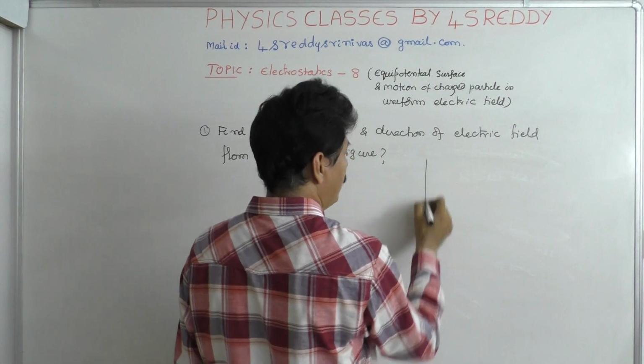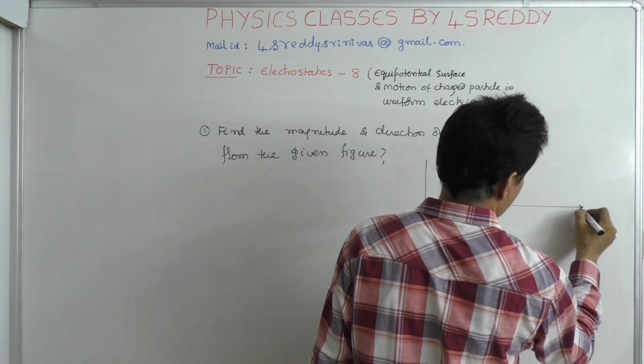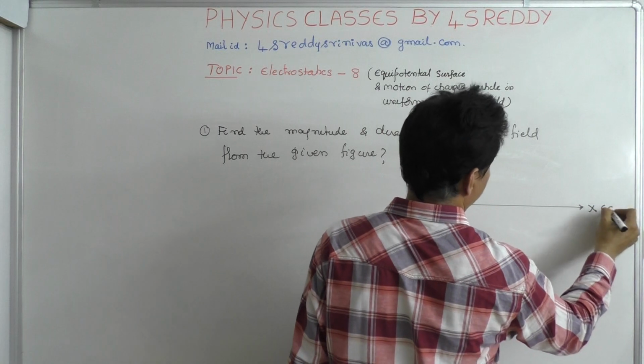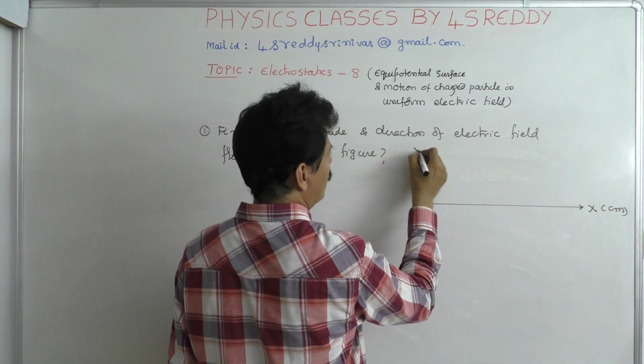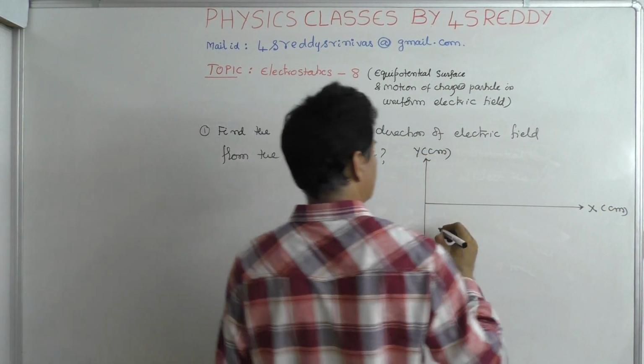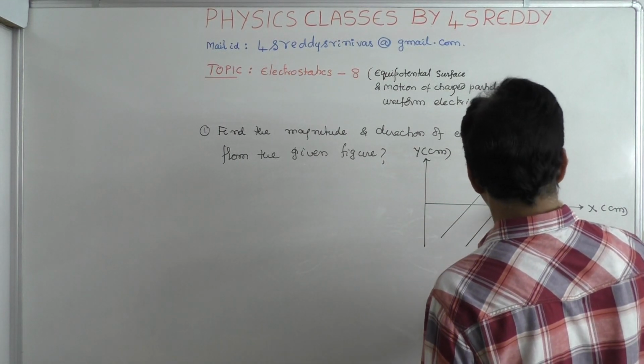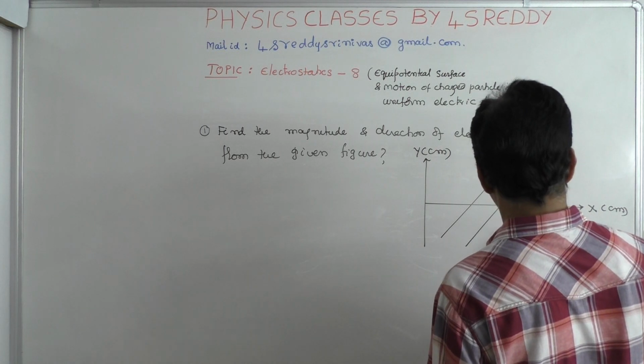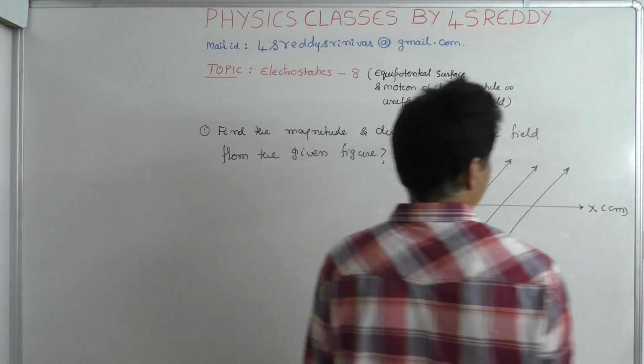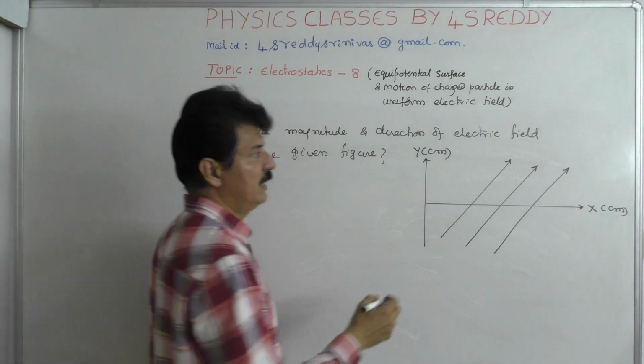That means suppose you are given this, x in centimeters, and this is also y in centimeters. Here you are given different points like this. This is what you are given.